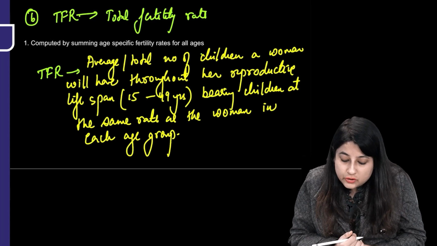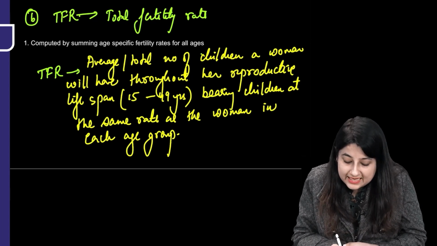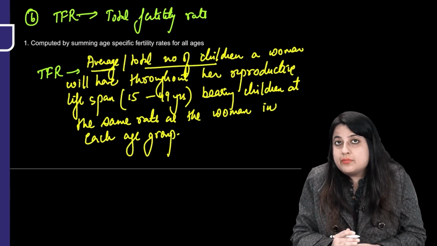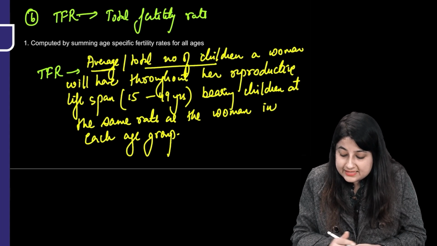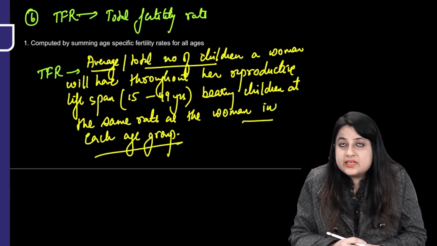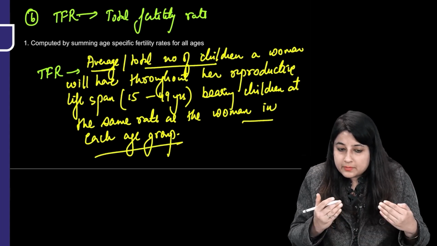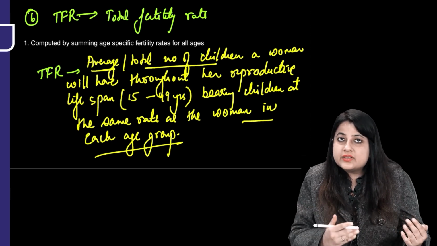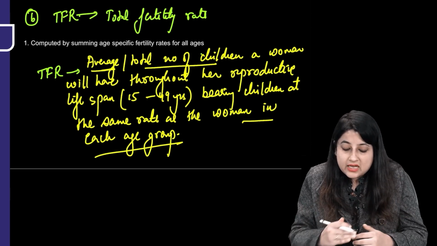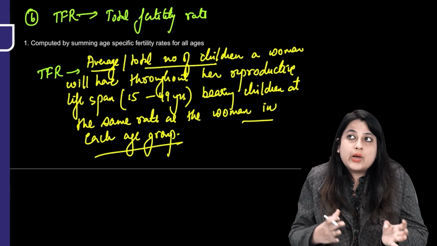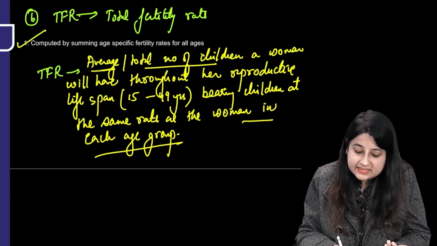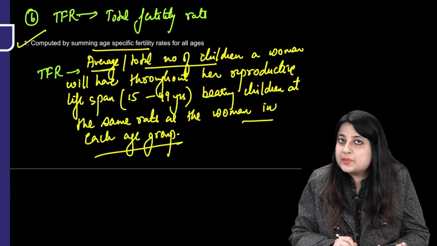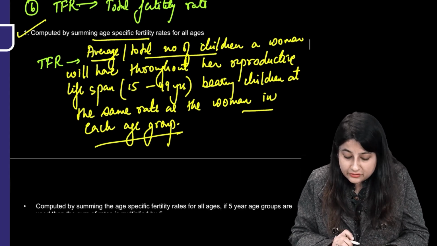So what did I write? The average or total number of children a woman will have throughout her reproductive lifespan, bearing children at the same rate as the women in each age group. The reproductive lifespan of a woman is from 15 to 49 years. So how many children is she going to have throughout that period? There's a way of saying it: it is computed by summing the age-specific fertility rate for all ages.